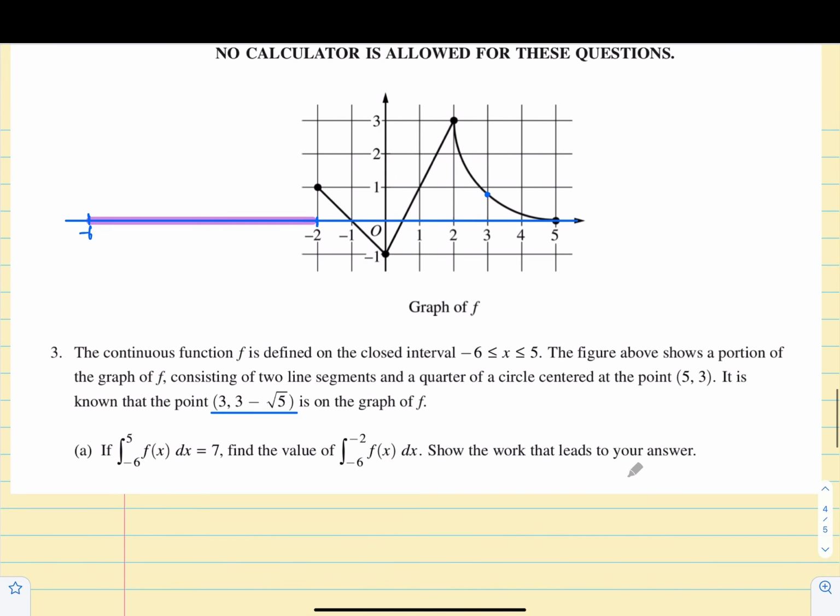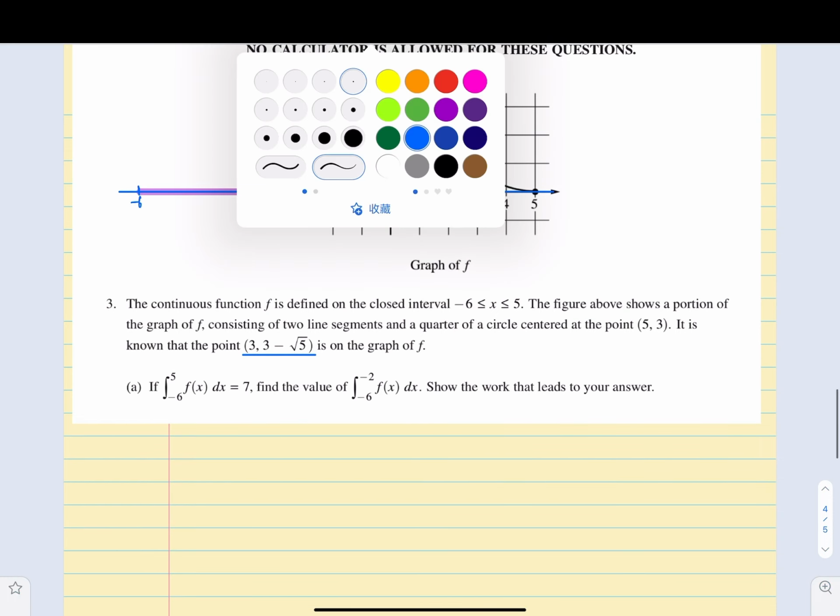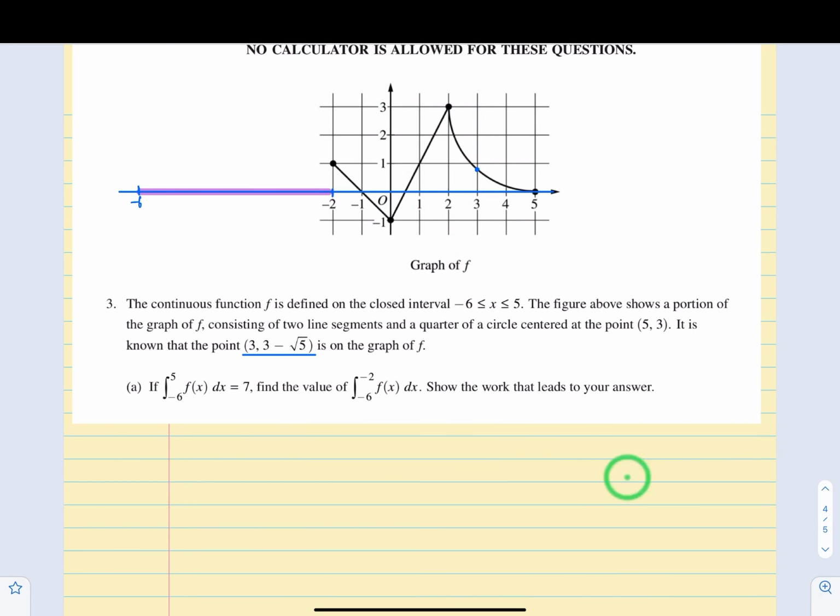So the first thing we need to think about is the whole area, and let me change the color to purple. Yeah. So we can just cut the area from -2 to 5. I think -2 to 5 is this part. So we can use the whole area, we can use the square.